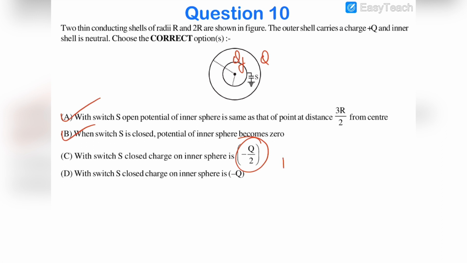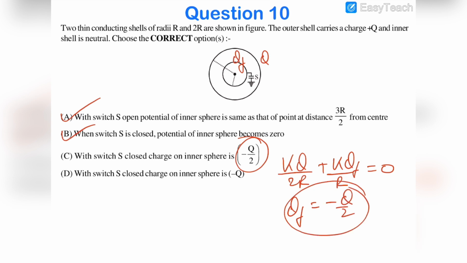Writing the total potential of this inner shell, it would be kq by 2R plus kqf by R, and this would be 0. So qf would be equal to minus q by 2, so option C is also correct. And when the switch is closed, the charge on the inner sphere being minus q is wrong. So the correct answers are A, B and C.